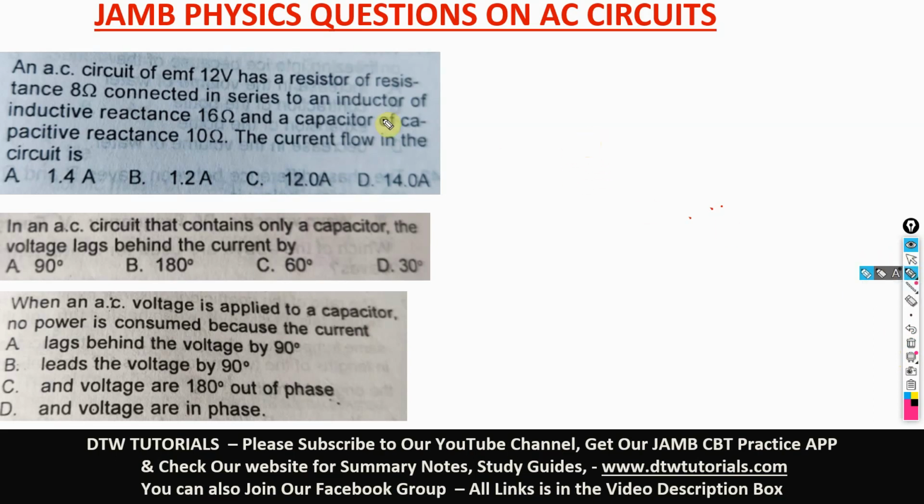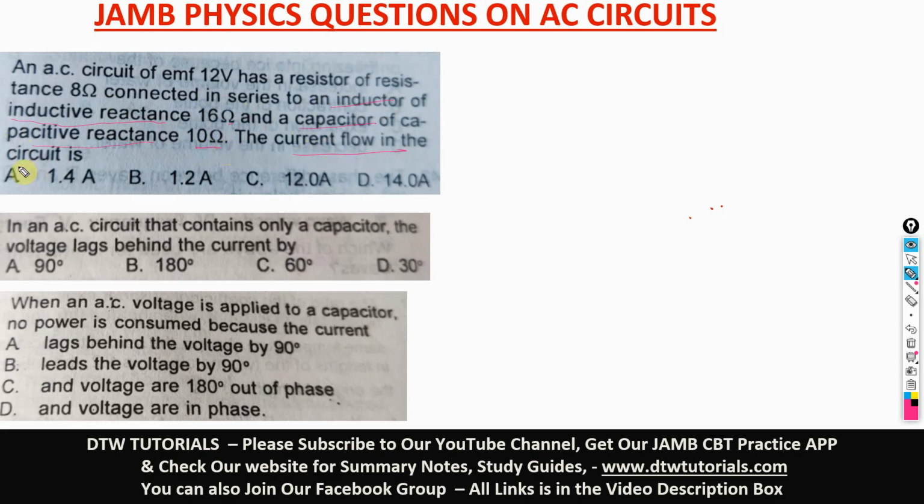Okay, now this question says an AC circuit of EMF 12 volts has a resistor of resistance 8 ohms connected in series to an inductor of inductive reactance 16 ohms and a capacitor of capacitive reactance 10 ohms.